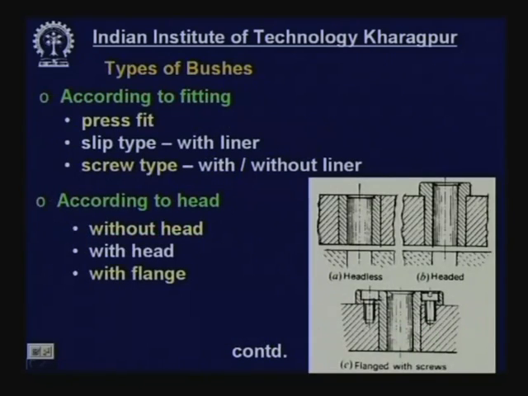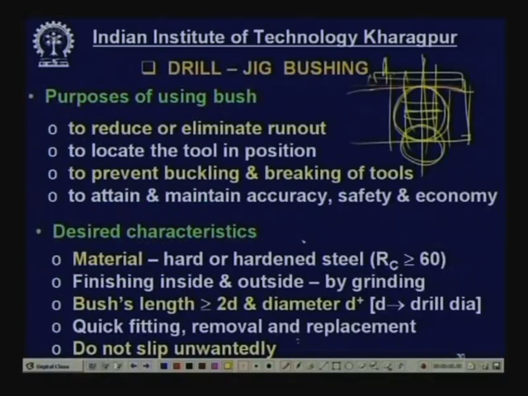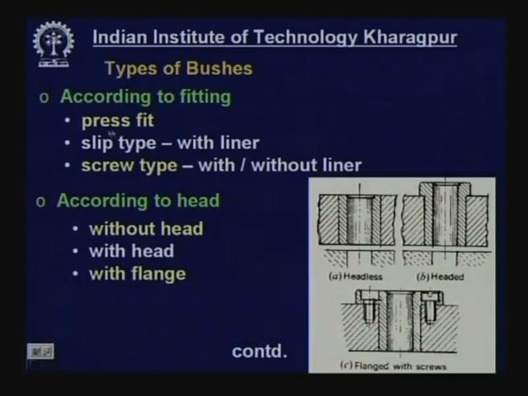Now, types of bushes according to fitting: press fit, slip type with liner, and screw type with or without liner. So, it can be fitted by press fit, or one liner can be fitted into that, another liner within it, and screw type.